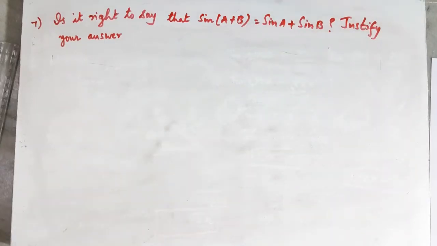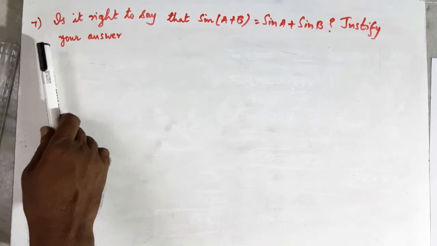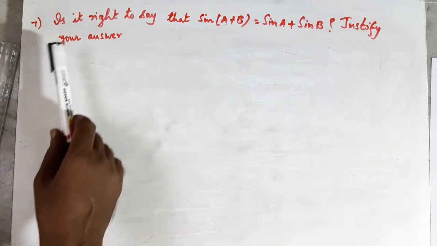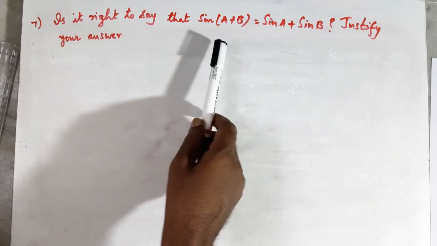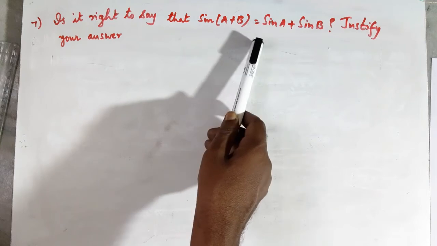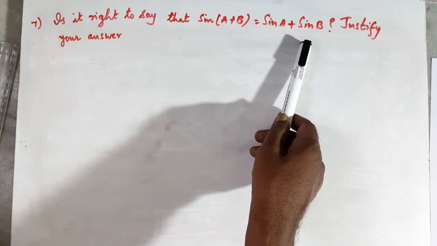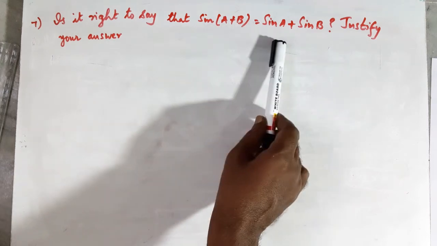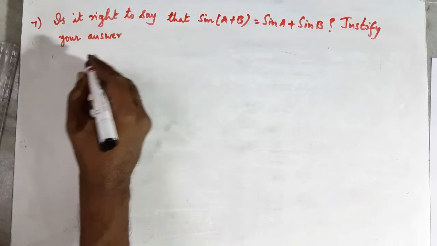Okay children, now the last problem of exercise 11.2. Is it right to say that sine of a plus b is equal to sine a plus sine b? Justify your answer. We have to see whether these two are equal or not. Now let us see here.